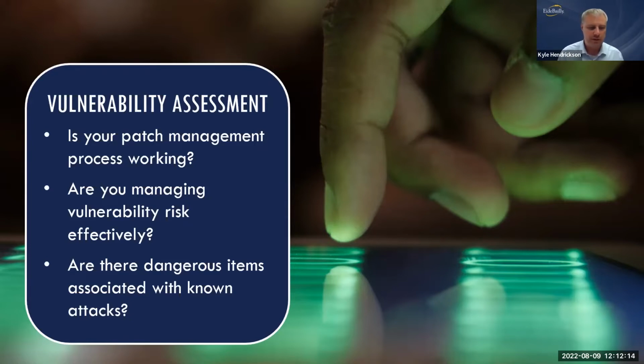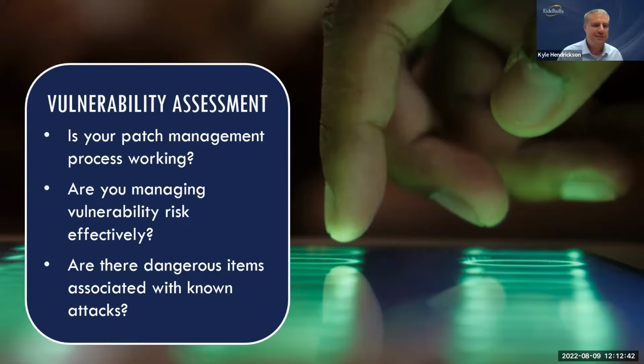And with vulnerability assessments, we really want to understand your patch management processes. Are they working properly? Are you managing vulnerability risk effectively? So specifically, those vulnerabilities that are known to have exploitable code for them. Are they known to be exploitable vulnerabilities, and are you managing them appropriately?